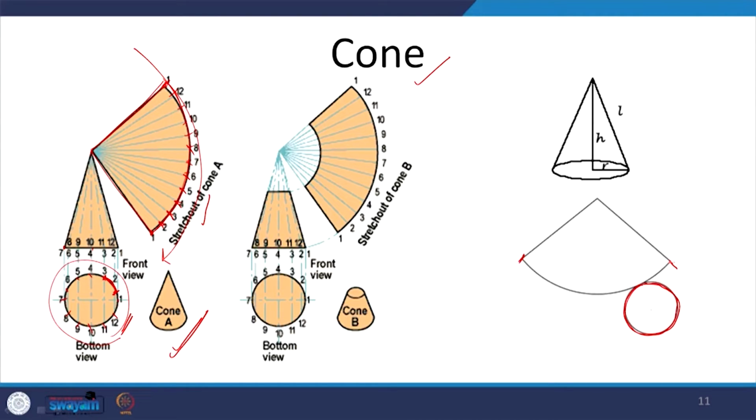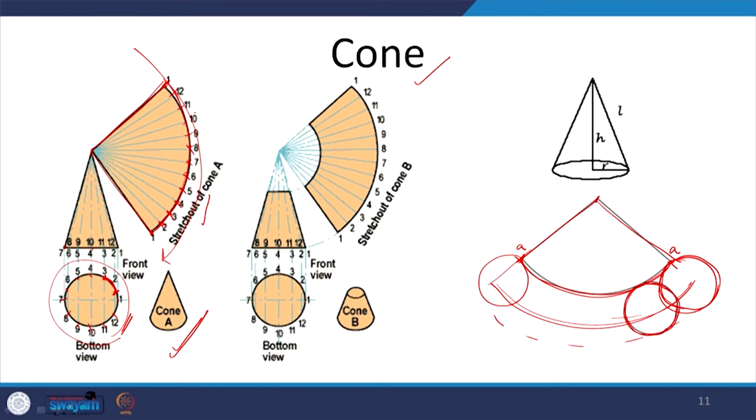So if I draw a circle here, and roll this circle along this path, and we have already seen how to draw the locus, such that this point, say A, comes back here as A, I will actually know what this arc is going to be. This is equal to the circumference of this, and we will draw a circle at the end of this span of the cone here.